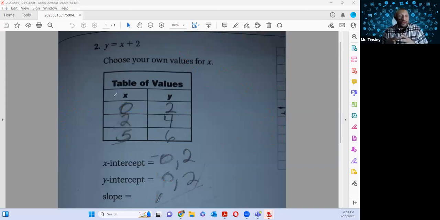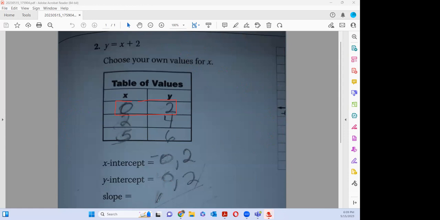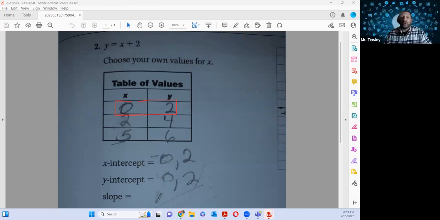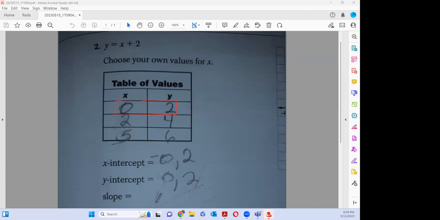If the y-intercept is where x equals 0, what's the y-intercept? Well, I don't understand why that's 0 too. What's going to be 0 though? The x-intercept. X and a y is 2.